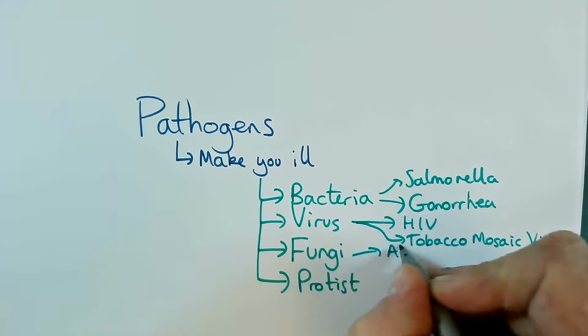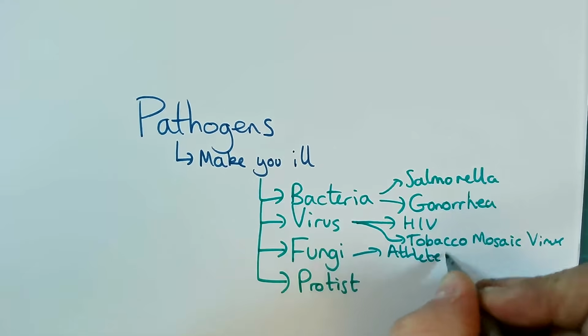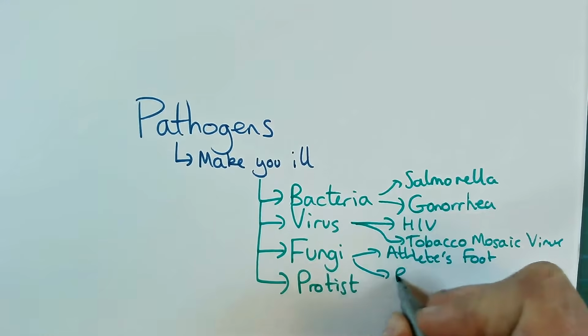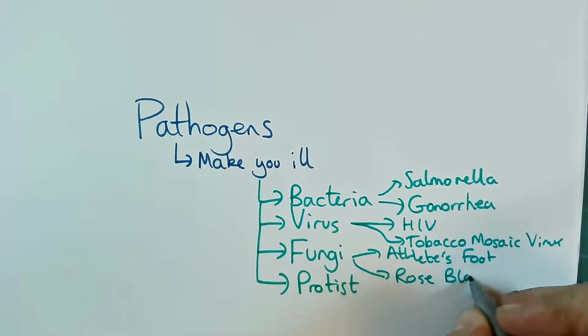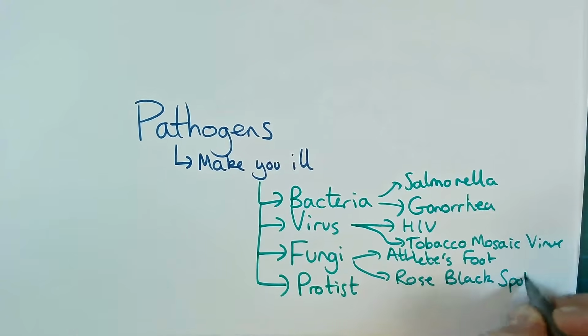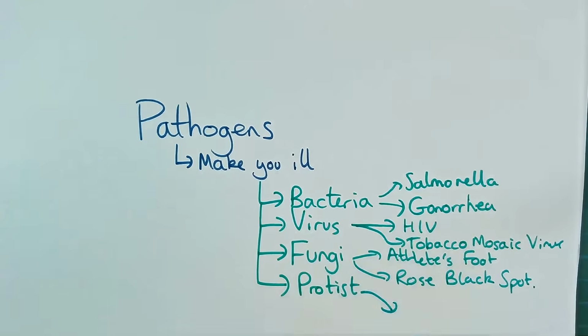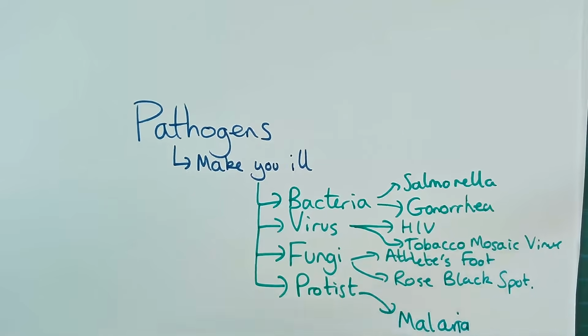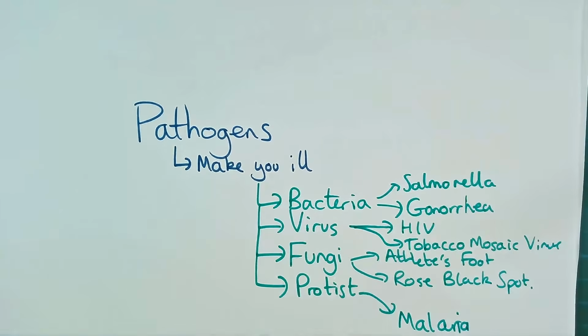Fungi, athlete's foot. The other classic that they love is rose black spot, which, funny enough, infects plants and gives their leaves black spots. And the classic protist disease is malaria.